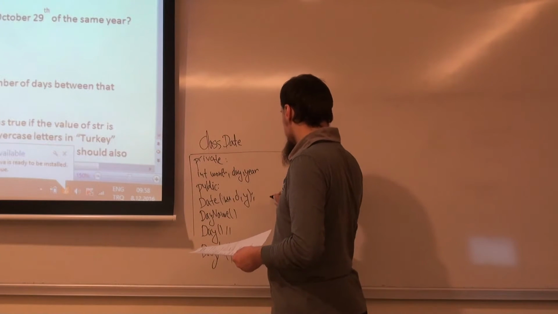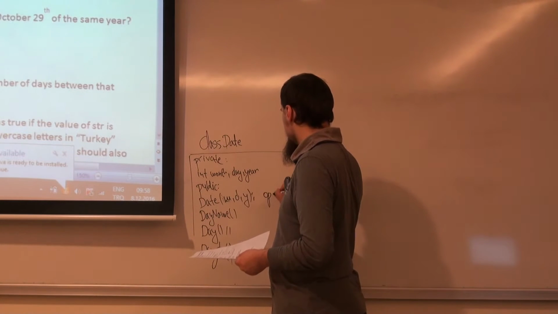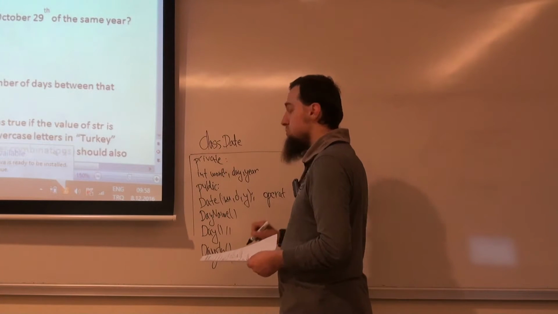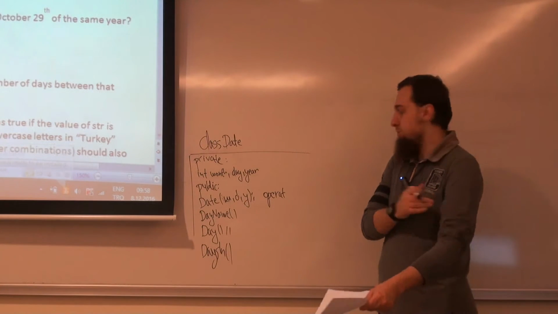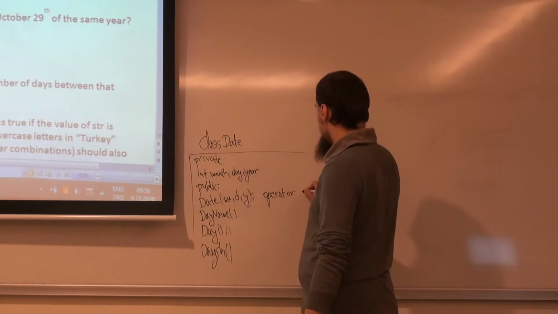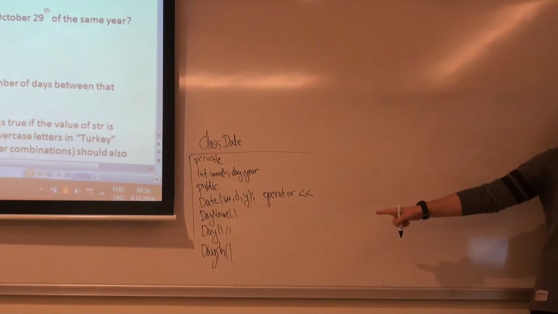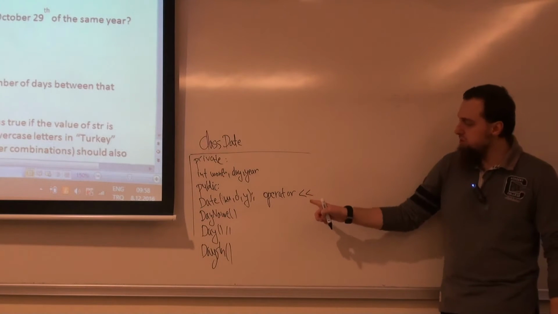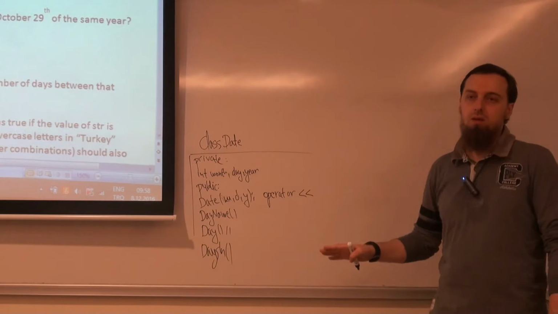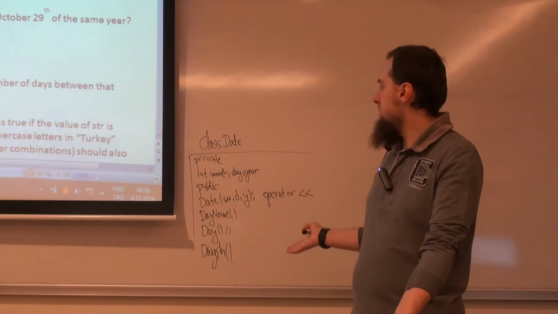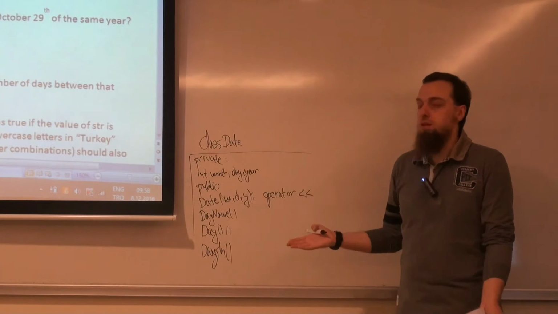There's an operator. It's also a public function. We are going to deal with operators during the CS204 course, Advanced Programming. So operator, OStream, output stream. We are going to use this operator to print the date. Okay? Because the compiler doesn't know how to handle the date, how to print it.